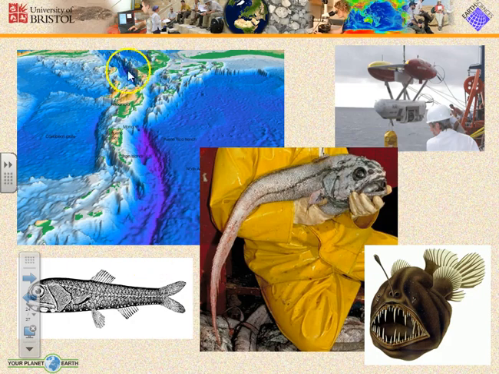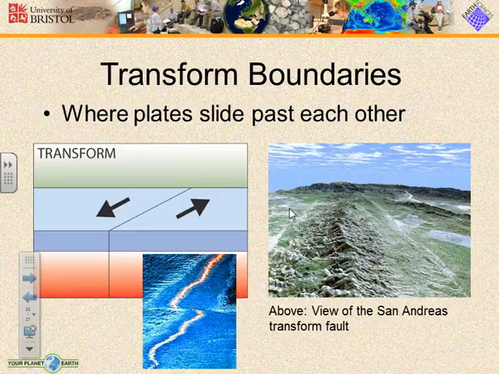Here you've got Cuba. You've got Puerto Rico. You've got your Caribbean plate over here. You've got your North American plate over here. This is along an oceanic crust to oceanic crust subduction zone, and it creates what we call the Puerto Rico Trench. And this is an example of a fish that can be found in that trench.